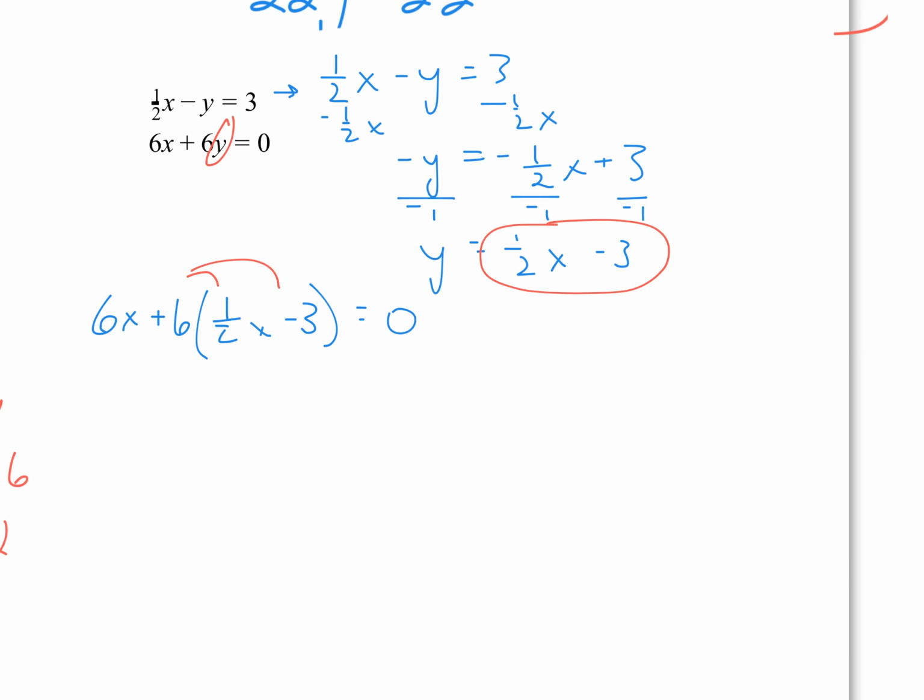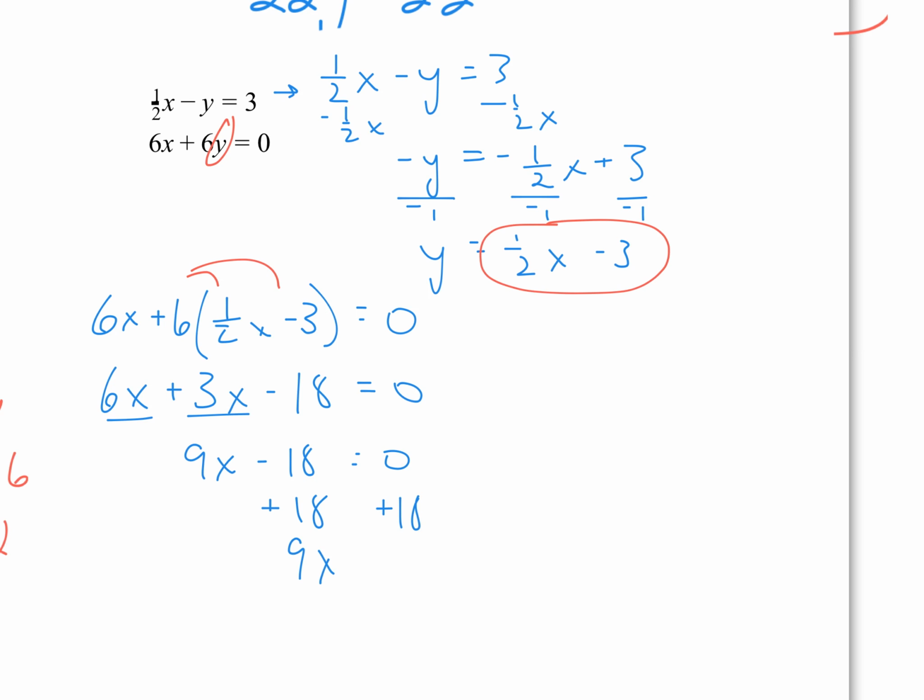Distribute that 6 to both terms. 6x plus 3x minus 18 equals 0. Combine like terms. 9x minus 18 equals 0. And then solve the rest of this by adding 18 and dividing by 9. So you get a value of x is 2.